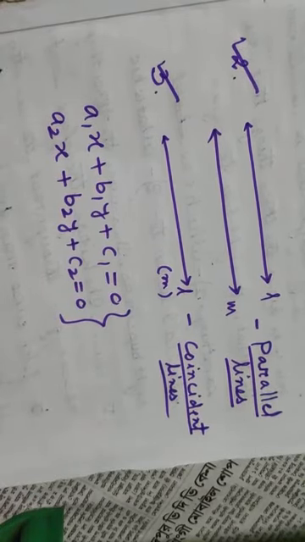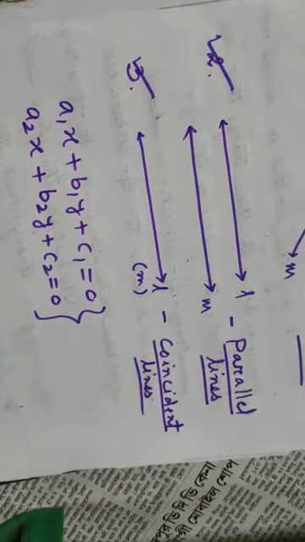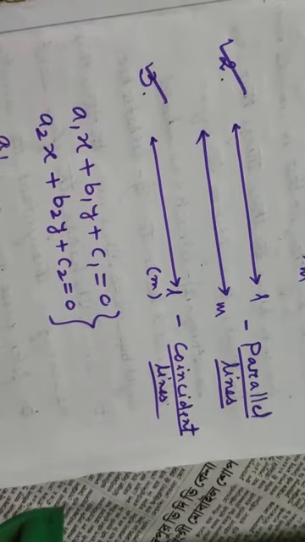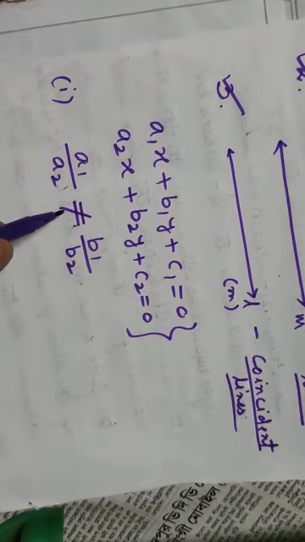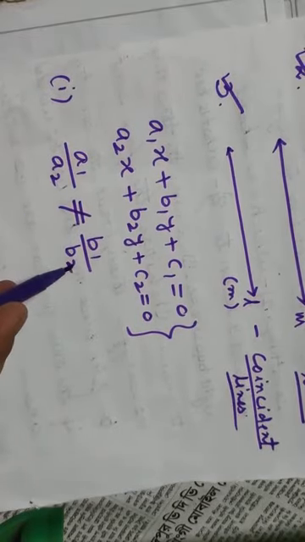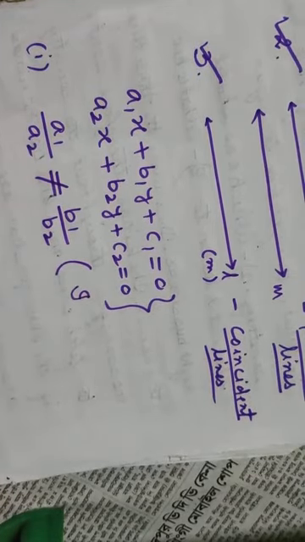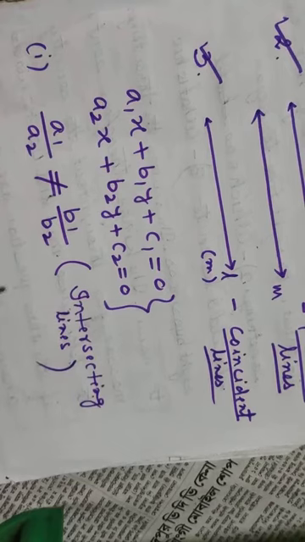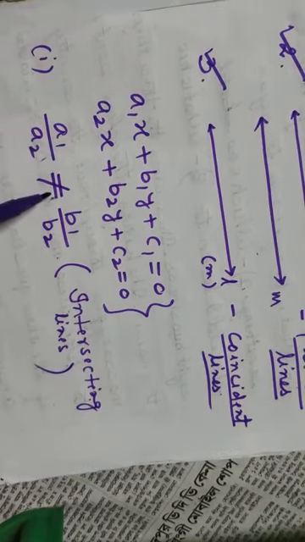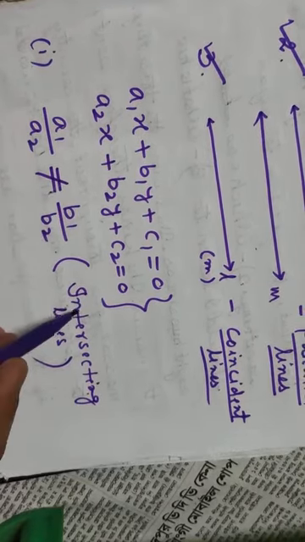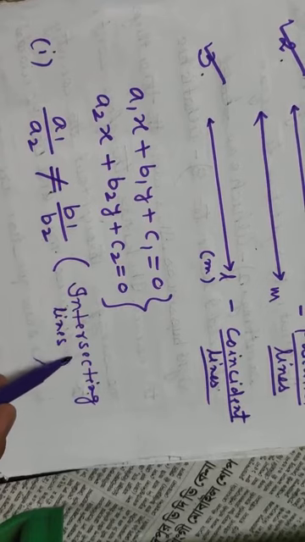For the first one, that is intersecting lines, whenever these two ratios are different, if a1 by a2 is not equal to b1 by b2, then in that case the two lines will be intersecting.